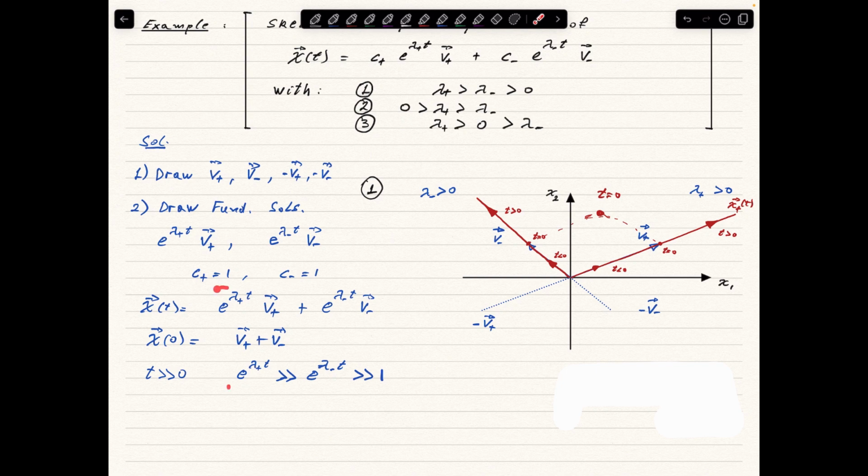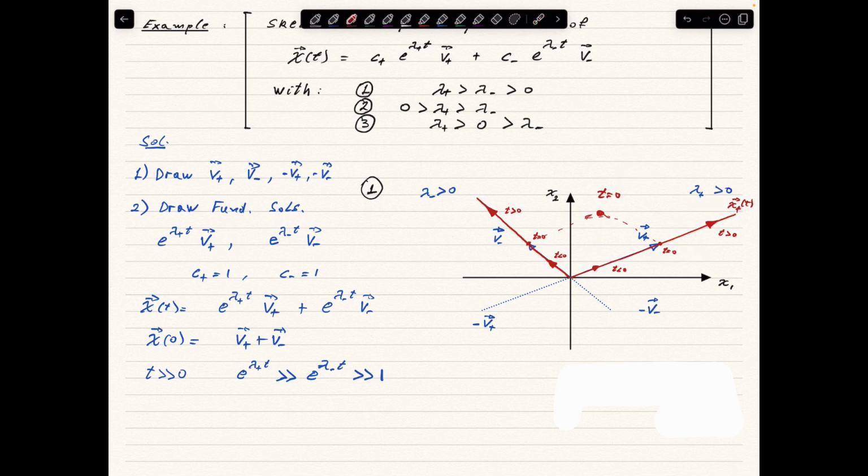The factor in front of the solution v plus is much larger than the factor in front of v minus. So while here we are going to move a little bit, here we are going to move a lot. So this point, instead of staying in this line, is going to move in that direction, parallel to the solution with a larger eigenvalue.